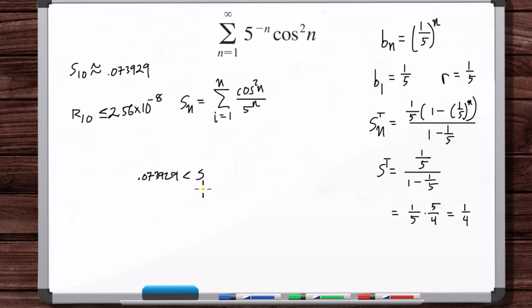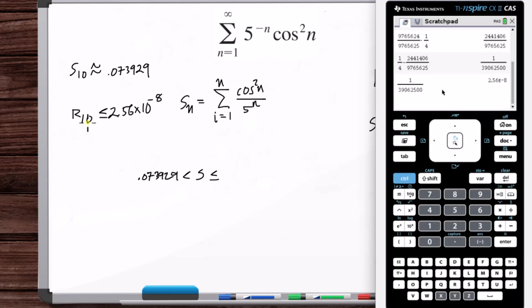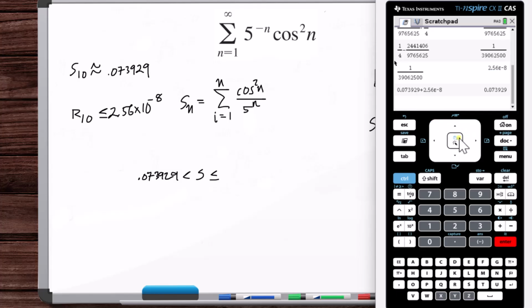Right? For sure. But we also know it's going to be less than or equal to the s sub 10 plus the r sub 10. We don't know exactly what the r sub 10 is. We know for the geometric series what it is, but not for this series. We don't know exactly what it is, but we know it's at least less than this. So 0.073929 plus this.